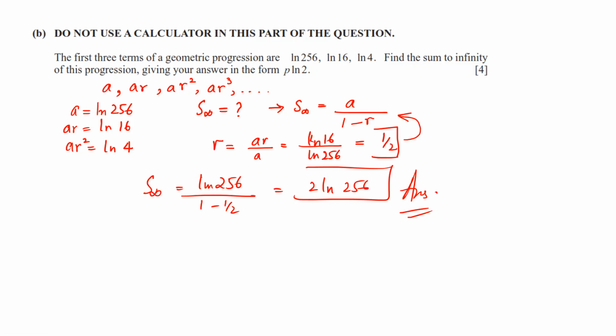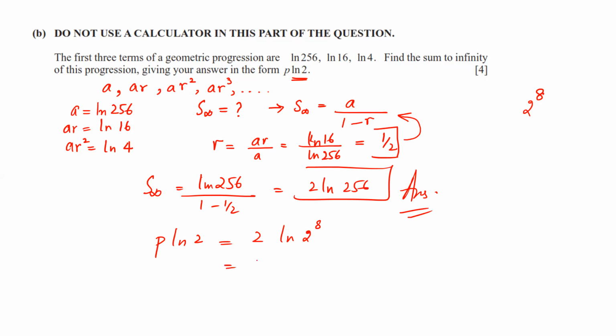2 natural log 256. And again, we have to use this format, p natural log of 2. This comes out to be 2 natural log 2 raised to power 8.